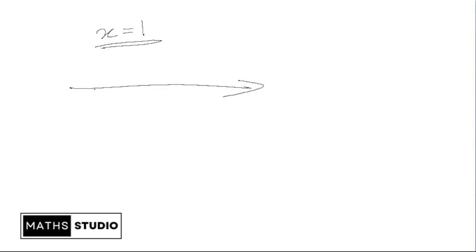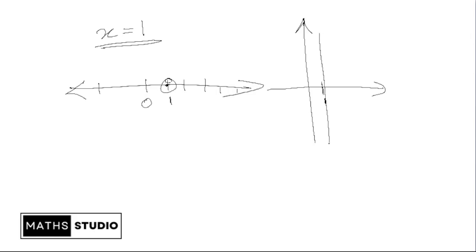So if we draw it on the number line, suppose this is 0, so this will be the value. However, if we plot it as a linear equation in two variables, it becomes a different game altogether. The value of x is 1, and so it will pass on like this.